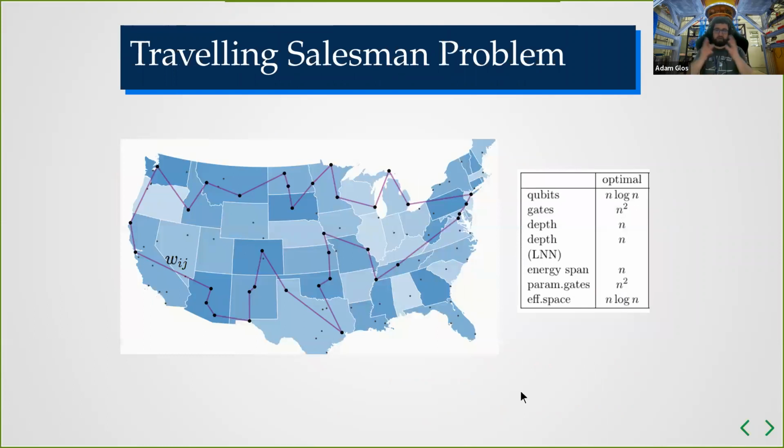We have a bunch of cities, and we know the cost of traveling between any pair of the cities, and we want to find the shortest route, in the sense that we start at any city, we visit all the cities, and we go back. This problem is well known to be NP hard. Thus, it may be an interesting target problem for NISQ optimization.